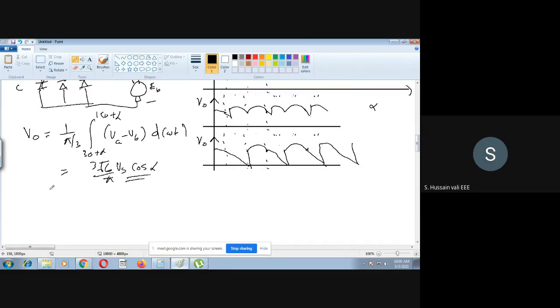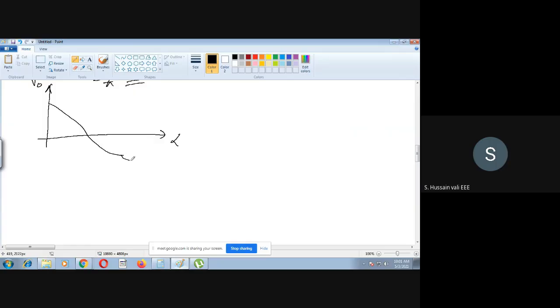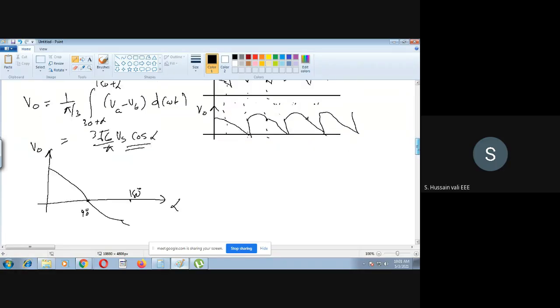Then if you draw the graph between V naught and alpha, at alpha equal to 0 it is maximum. Just a graph. Okay. So it is 180, it's 90. Okay, you'll find it like this.